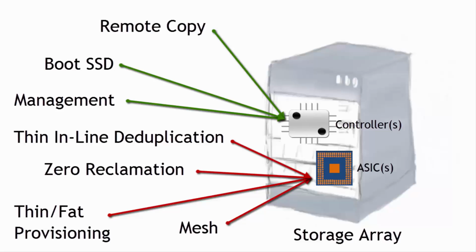All 7 of them have to be done. In your storage array today, how is that work being accomplished? If you're able to divide and conquer between storage controllers and ASIC, I promise you that your performance will be faster, your cost will be lower, and the amount of arrays to do the same amount of work will be less with an ASIC chip.